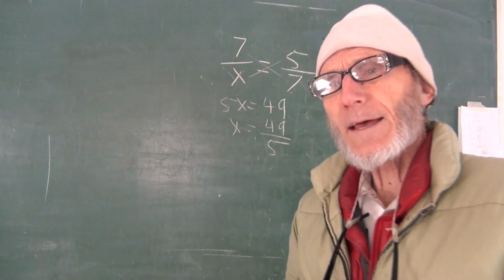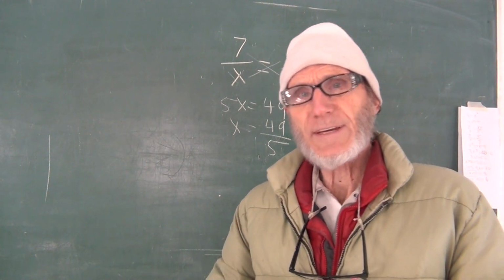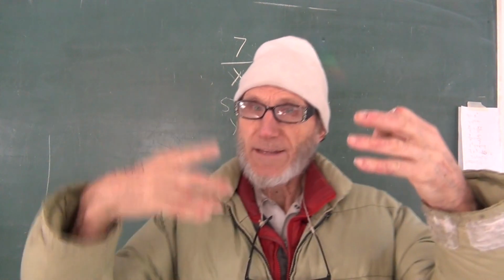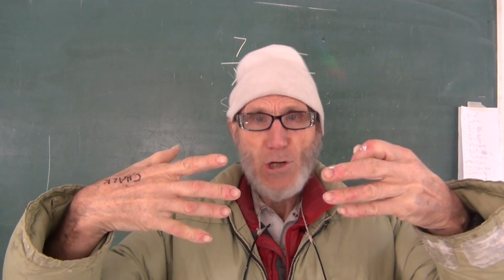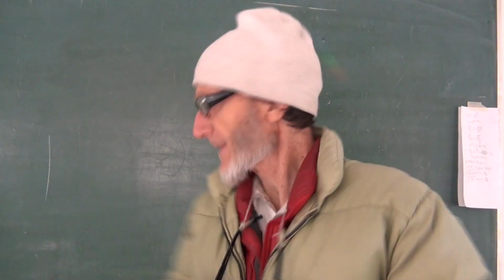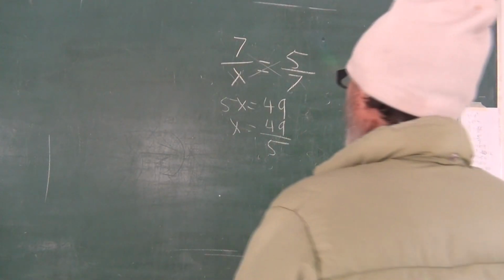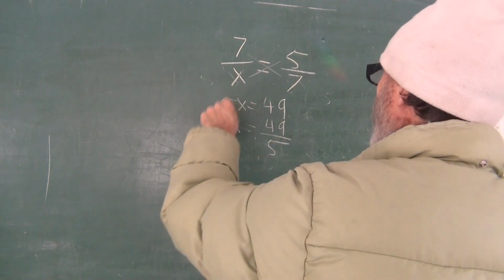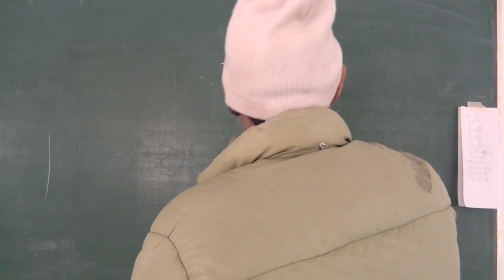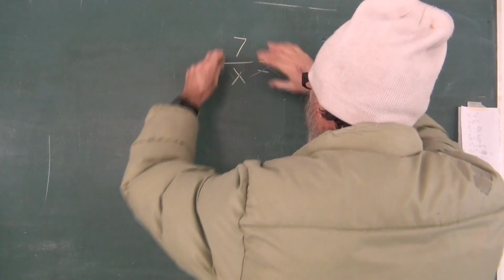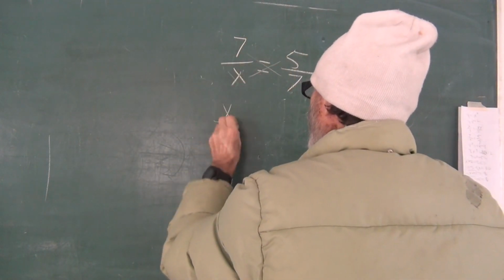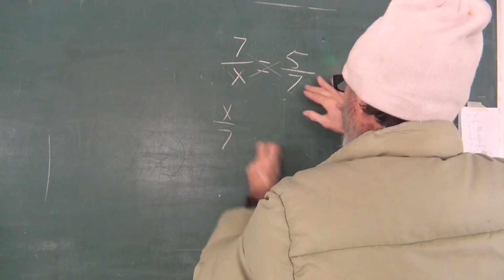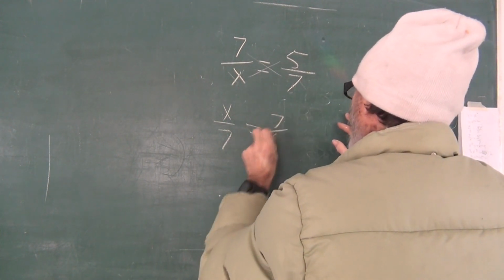But I think it's way easier, because remember, whatever you do on one side of the equation, do the same thing on the other. Why not just flip it? So if you flip it, then you're doing the same thing to both sides. This takes a couple of steps, but if you flip it, it's a little faster, because then it's going to be not 7 over x, but x over 7, and not 5 over 7, but 7 over 5.